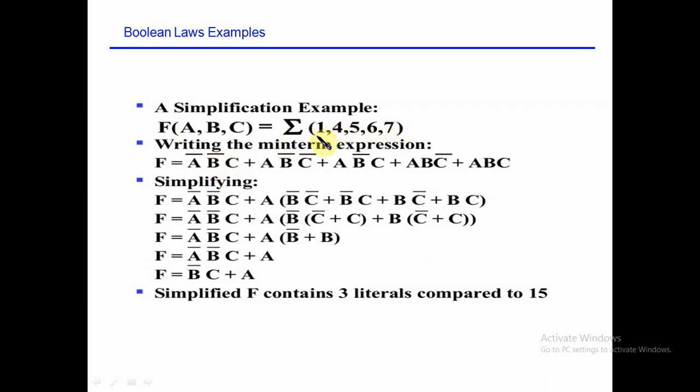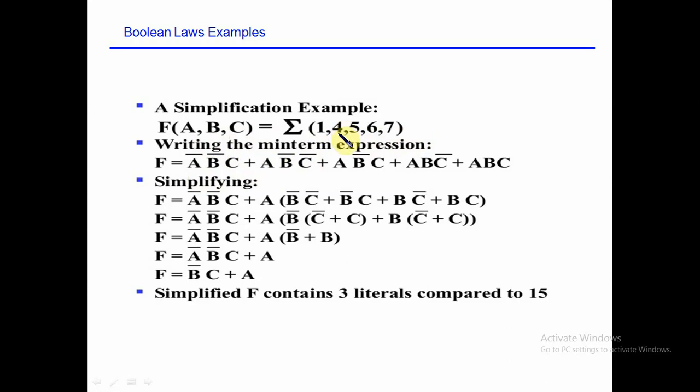For this purpose we take the term a bar b bar c. Here a bar and b bar are taken as 0 in the min term, and c is the present term, 1. The variables a b c are given, covering the values 0 to 7.